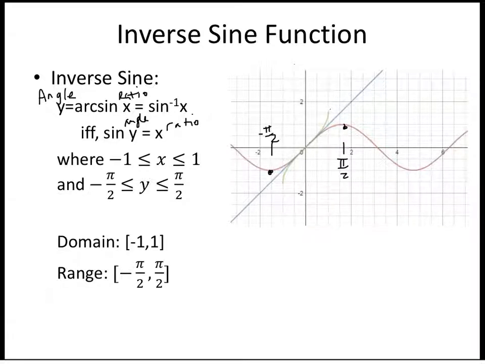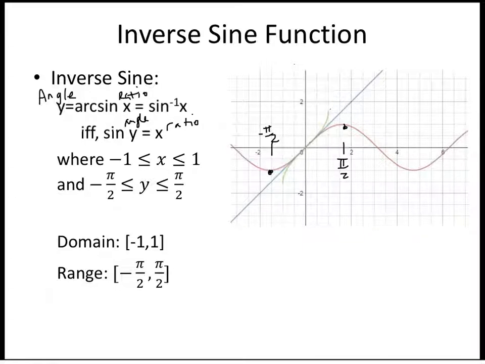Now our inputs can be anywhere from -1 to +1, okay, because ratios will always take that form. And my angles will result in something between negative pi over 2 and positive pi over 2.